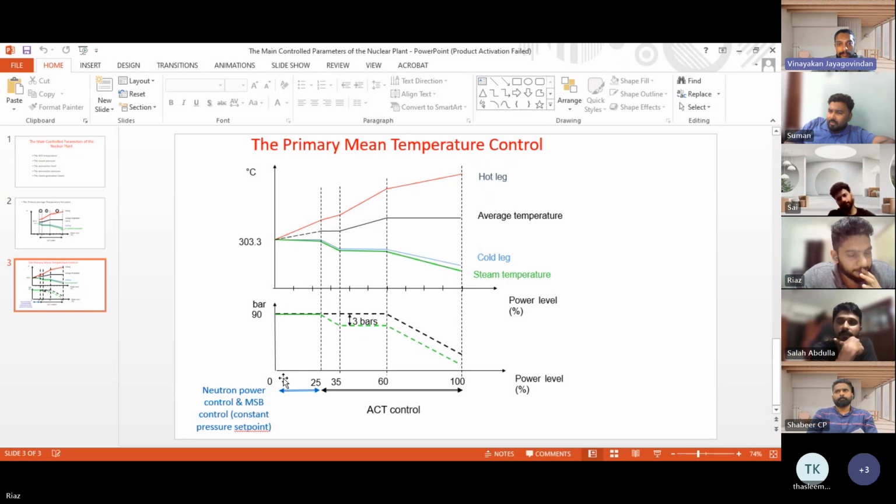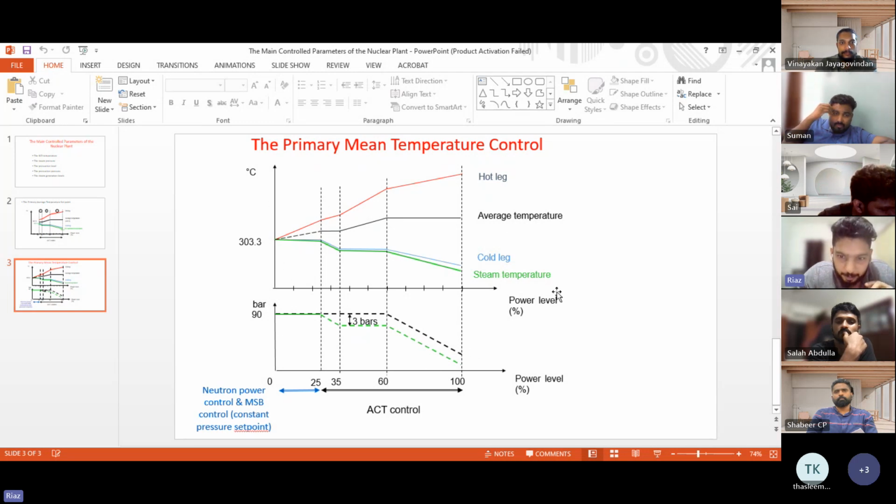Is there any representation, as you mentioned here, for primary and secondary power? What is the difference of the three bars shown here? What are the green dot and the black dot representing? This one is the MSB, the black dot, and this is the steam generator pressure drop. This is entirely different, I am not explaining this one.